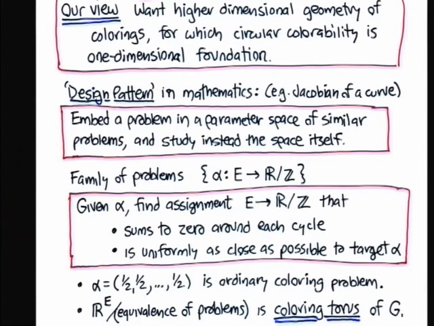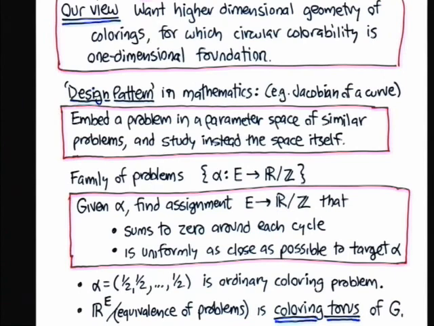And then the more general problem I want to study is, instead of studying 1/2, 1/2, 1/2 as the target values on edges, I want to study arbitrary target values on edges. So that gives me the first working definition, more as an exercise to work out, with no detail: I would define the coloring torus of a graph to be the space R^E, which is the space of all functions on edges, which nominally are a raw target function for a process like this.